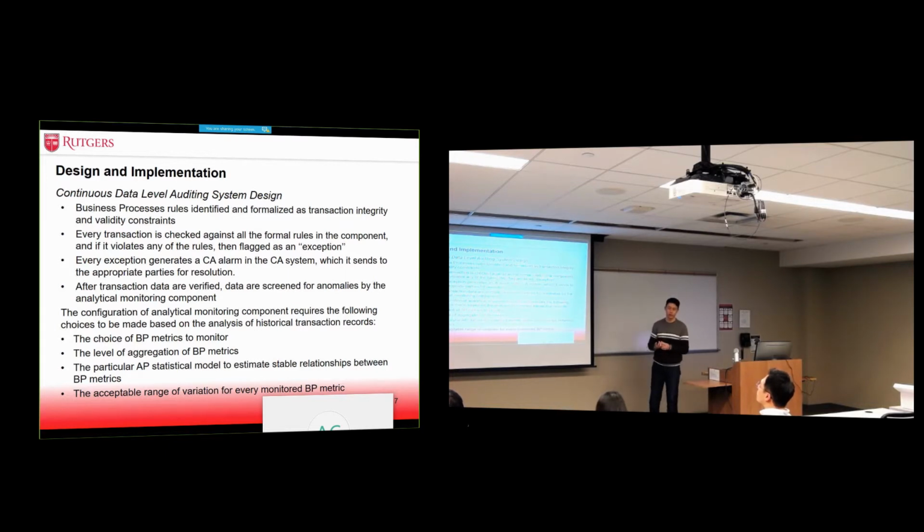We'll see there is going to be a trade-off between the aggregation level of data and the detection ability of the continuous audit. Another choice is the particular analytical procedure, a model to estimate stable relationships between business process metrics.